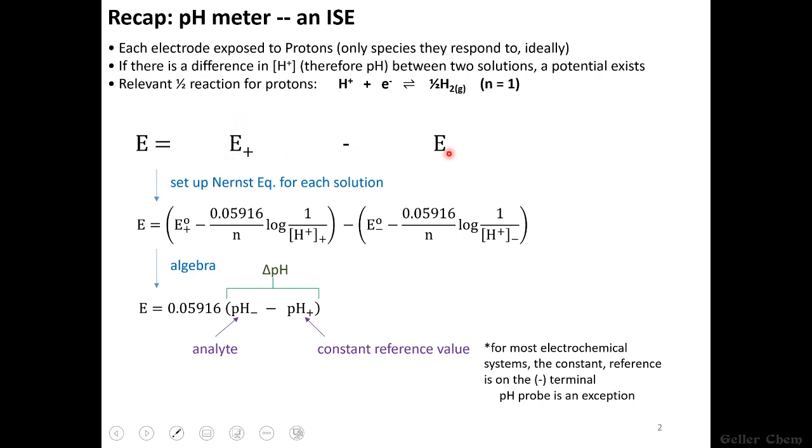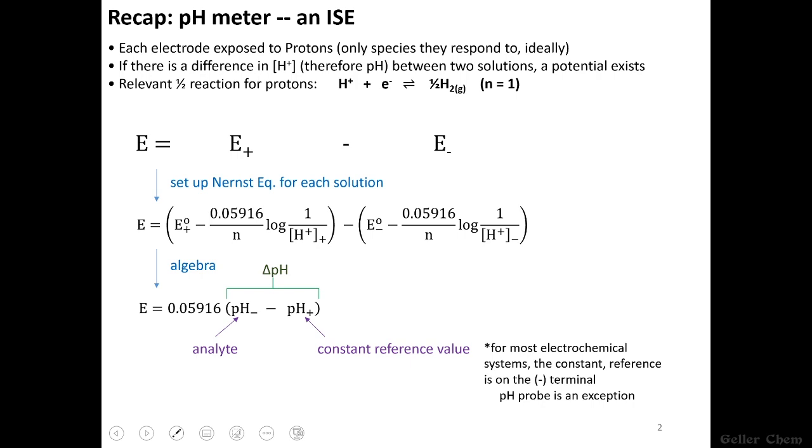We then re-express these voltages in terms of the Nernst equation, where the only species that we entered into the Q portion of the equations were those protons, because again, ideally only protons are sensed by the electrodes and generate a voltage.